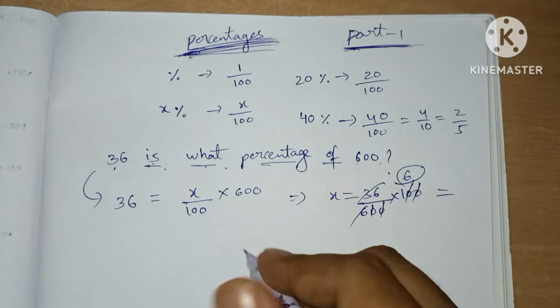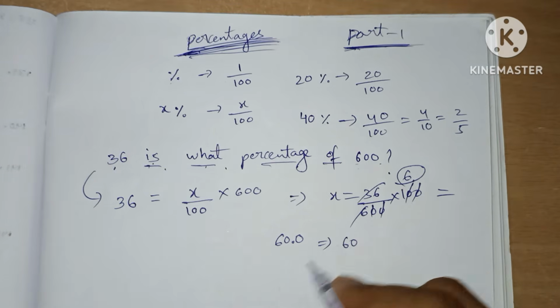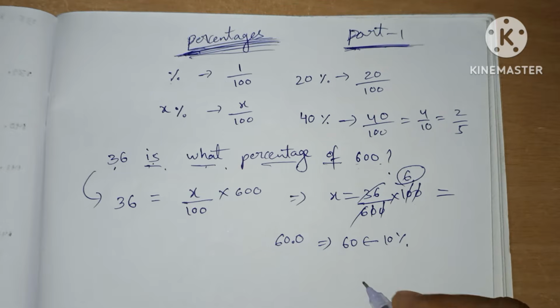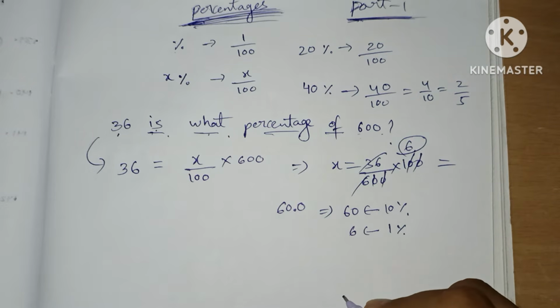So the answer is, 36 is 6% of 600. What it actually means is, in 600, 10 percentage value will be 60. So 1 percentage value will be 6.